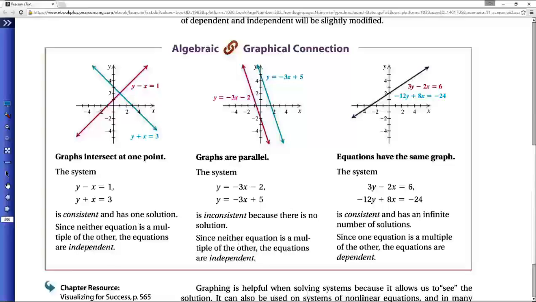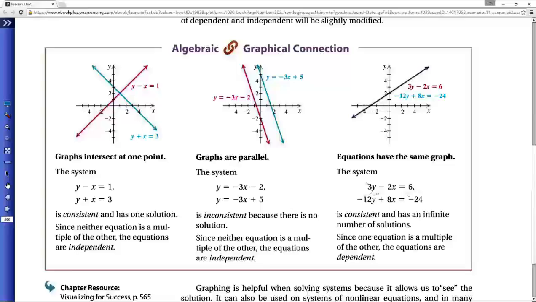When I have parallel lines, they are inconsistent because there is no solution. But since neither equation is a multiple of the other, the equations are independent. And in this case right here, I could get exactly the same thing by multiplying this equation by -8 or -4, excuse me, right?